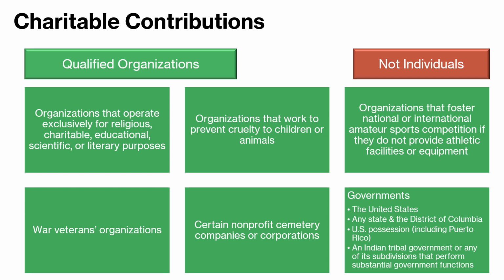Organizations that work to prevent cruelty to children or animals, or that foster national or international amateur sports competition, as long as they are not making money providing athletic facilities or equipment. War veterans organizations are qualified. Certain nonprofit cemetery companies or corporations are qualified. And then various governments and governmental agencies could be qualified organizations.